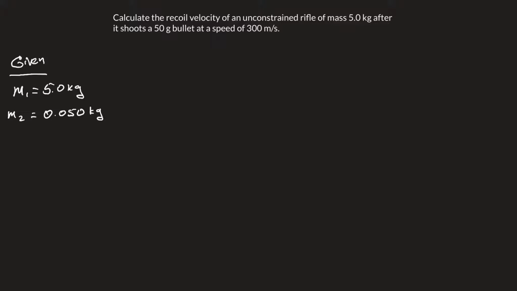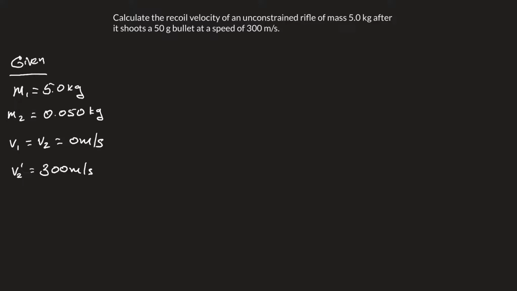We know that the initial velocity of both the rifle and the bullet are going to be zero, and that the bullet exits with a speed of 300 meters per second. So that's v2 prime, 300 meters per second.